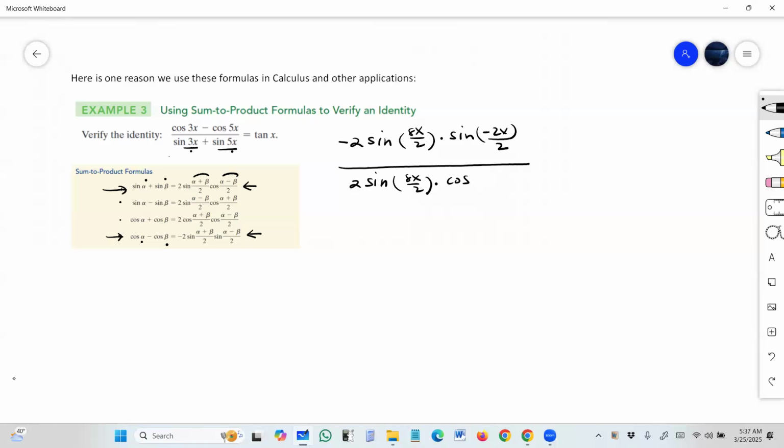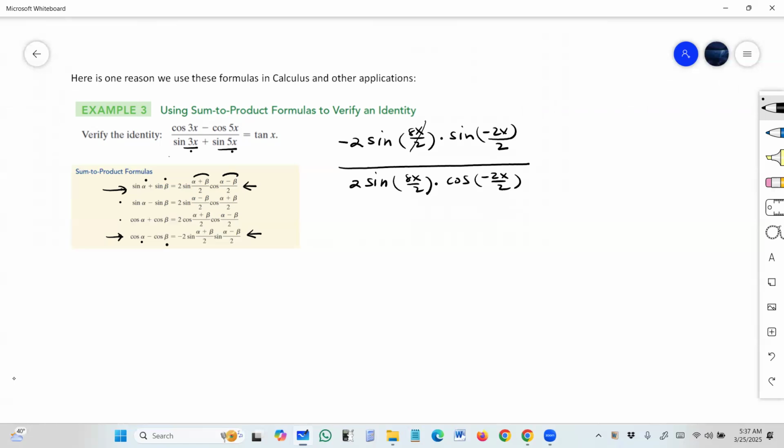So it's cosine of 3x minus 5x over 2. Now I go around simplifying things.